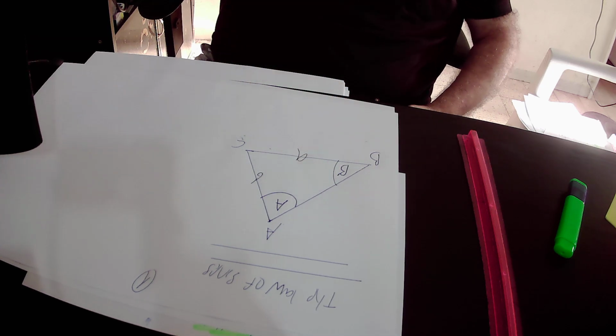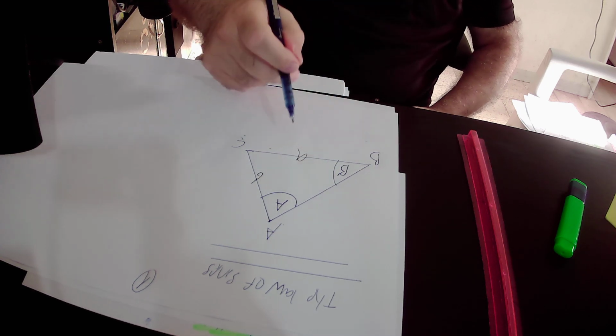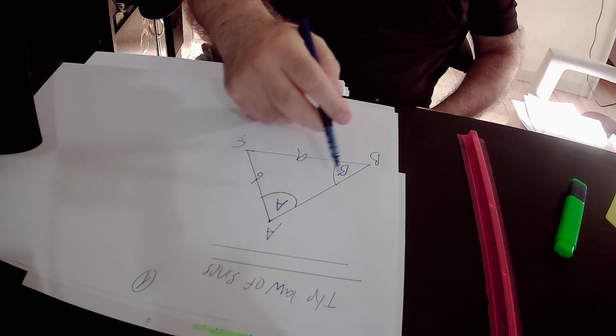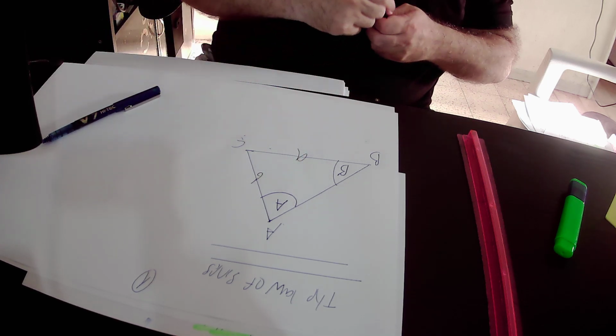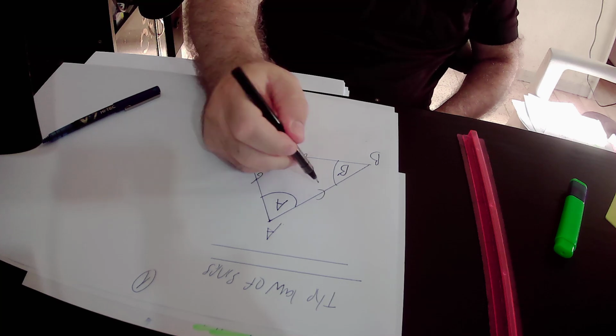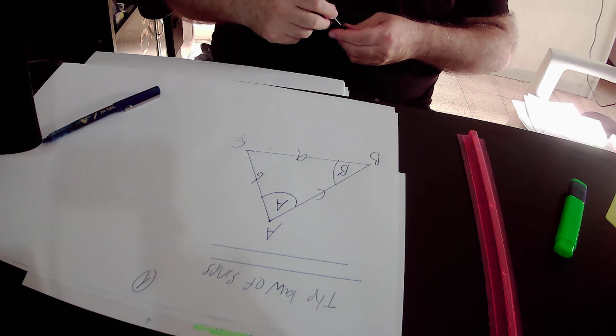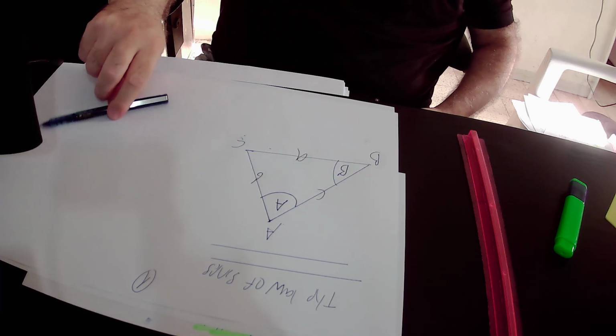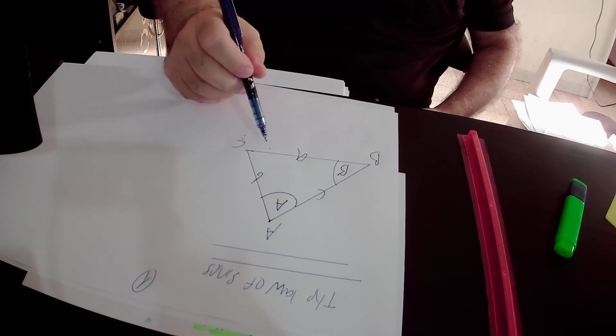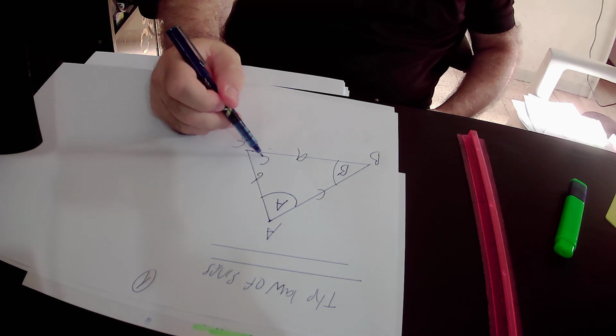And finally, the length of side AB is c units, and angle ACB equals capital C degrees.